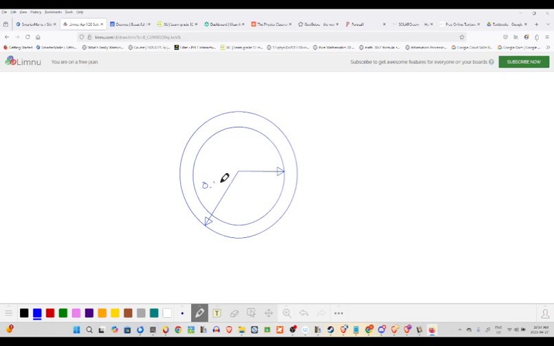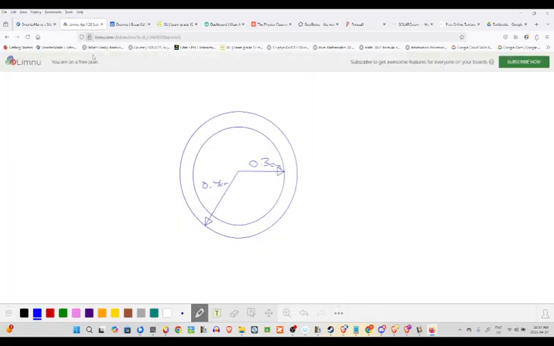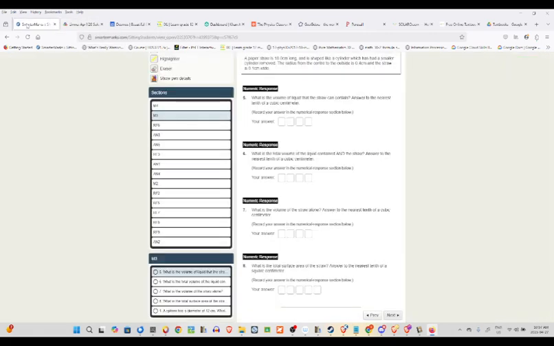That is 0.4 centimeters. And the straw is 0.1 centimeters wide, so it's 0.3 centimeters here. Okay, and our straw itself, if we draw it as a cylinder, that's 18.0 centimeters long. Okay, so what is the volume of liquid that the straw can contain?